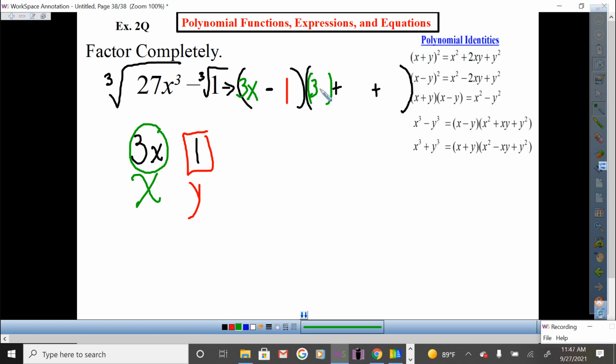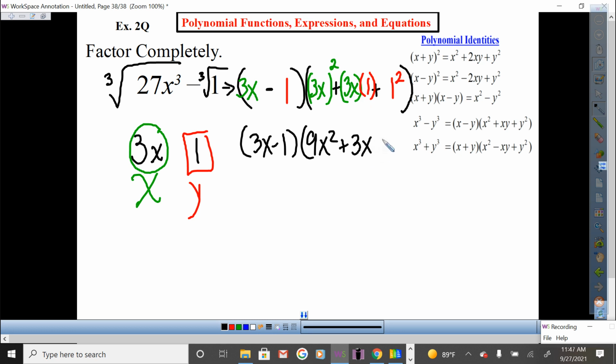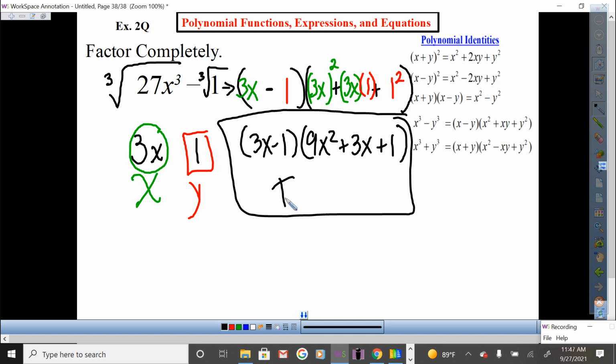Yeah, 3x to the second, and then we write 3x times y, which is 1, and then at the end, 1 squared. So, simplify this, 3x minus 1. 3x times 3x is 9x squared. 1 times 3x, that's 3x, and 1 squared is 1. And these are my factors.